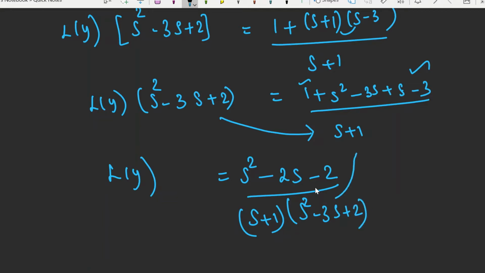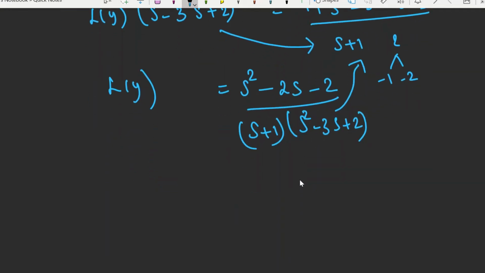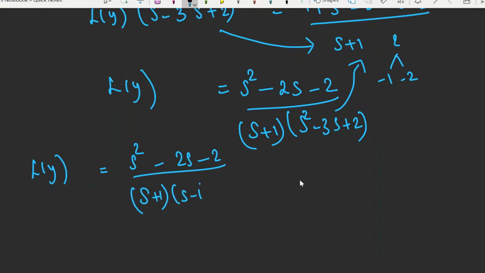So here we can make the factors of this quadratic expression: 2 is minus 1 minus 2. Now L of y is s square minus 2 times s minus 2 divided by s plus 1, and we can write it as s minus 1, s minus 2.